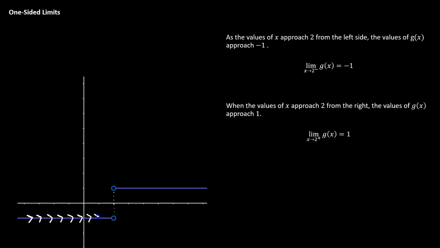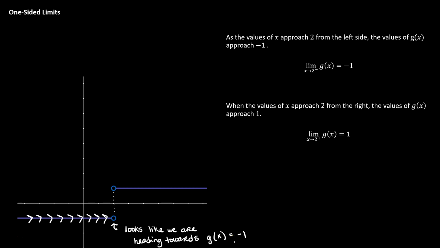I'm getting closer and closer to x equals 2, and I notice that the y values are all heading towards negative 1. So we could say that the limit from the left is approaching negative 1.